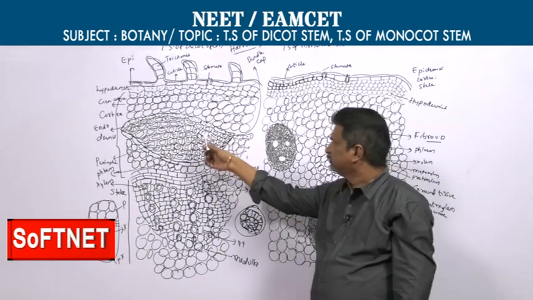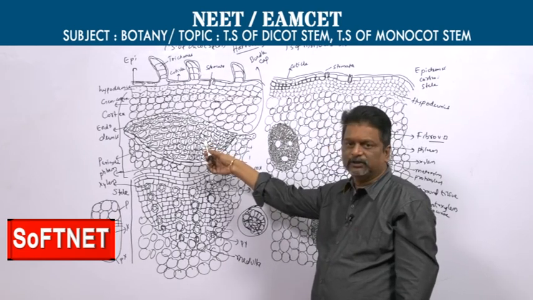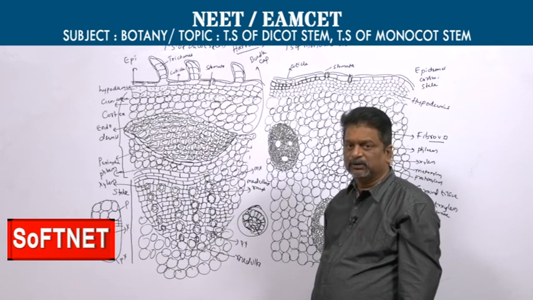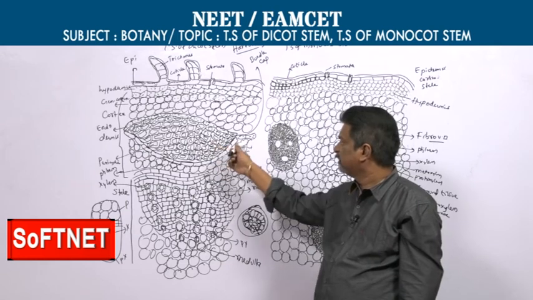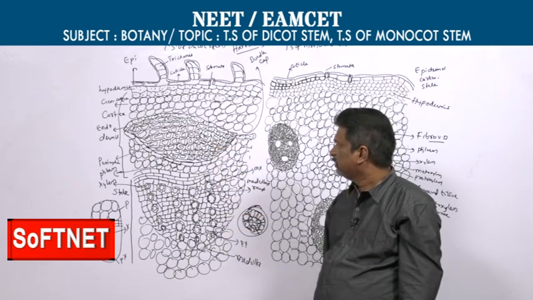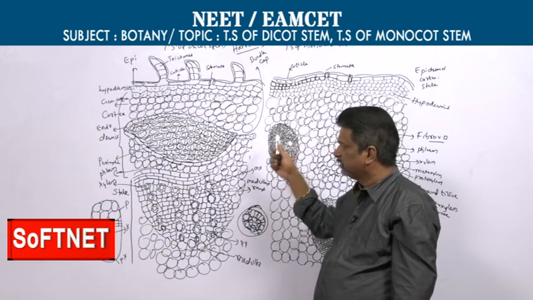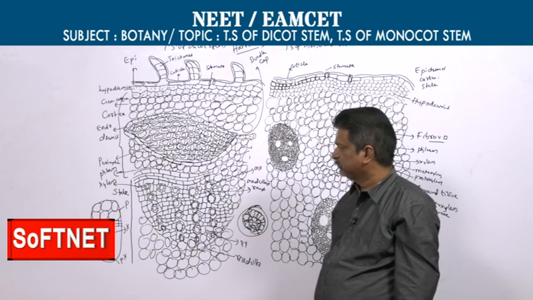In dicot stem, pericycle is multilayered and sclerenchymatous, but in sunflower, along with sclerenchyma, it contains parenchyma. In monocot stem, pericycle is absent.